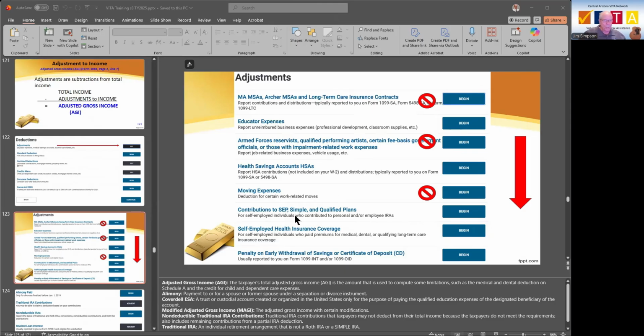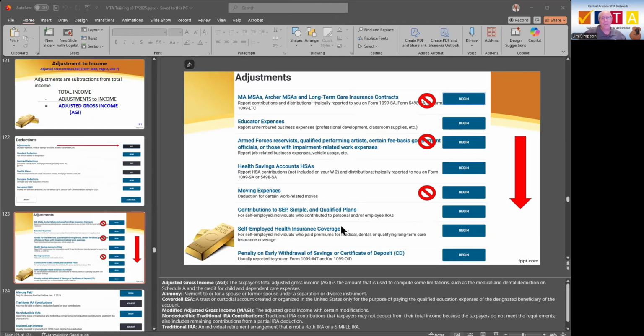We can do contributions. These are like to IRA plans. Qualified plans, remember we use that general term. So to IRAs and stuff, we could do that. We can do self-employed health insurance coverage, but most of our Schedule Cs are really just side jobs, gig jobs and things like that. And we don't really see much about how you can deduct self-employed health insurance.